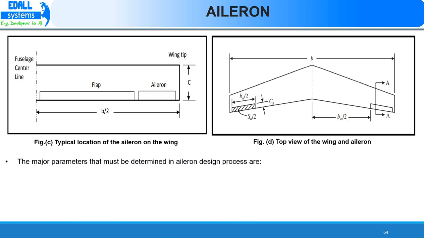The important parameters that must be estimated in aileron designing process are planform area SA, aileron chord CA, aileron span BA, aileron deflection delta A max, and aileron location DAI.